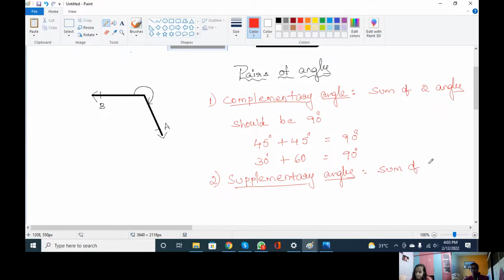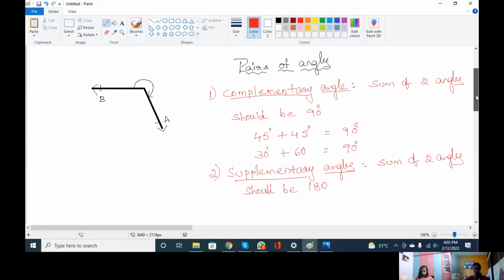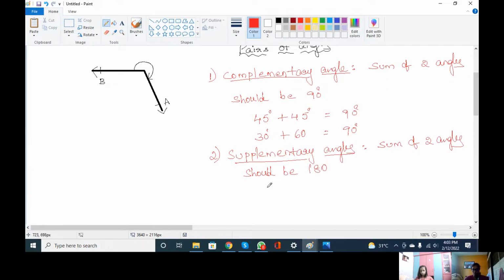The sum of the two angles should be 180 degrees. For example, 80 degrees plus 100 degrees. If you add, you will get 180 degrees. So 80 and 100 are supplementary angles.